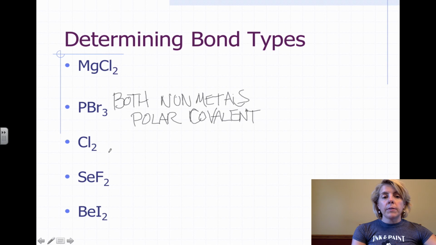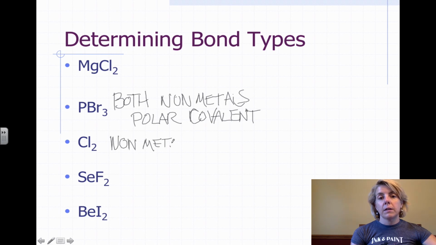Okay, this is my last one, and I'll have you do the last two on your own. So I have Cl2. So question is, what type of bond is it? So it's bonded with itself. Is it a metal or a nonmetal? Good, it's a nonmetal. Therefore, it has to be covalent.